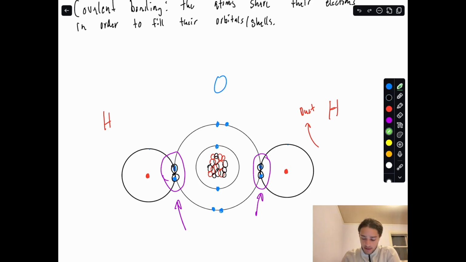If we use this electron in green right here as our example bonding electron, if I say that it's shared, what that means is the electron is spending its time split between both atoms in a bond.